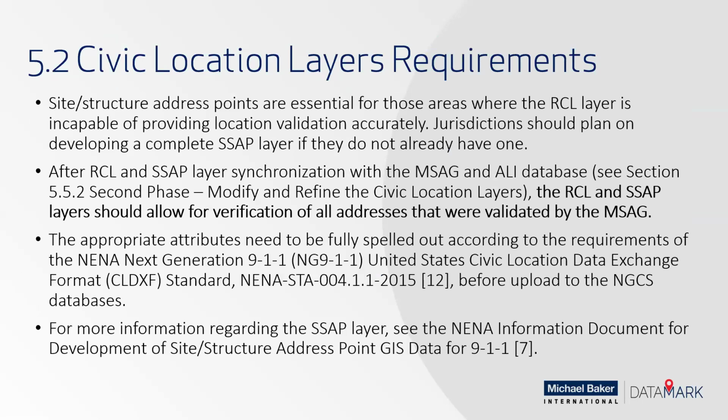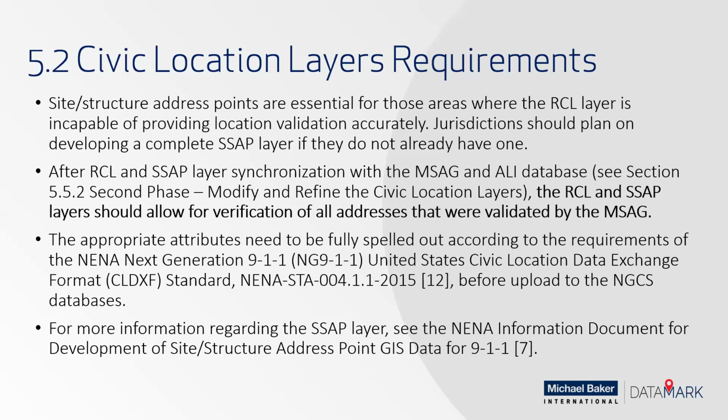Site structure address points are essential for those areas where the RCL layer is incapable of providing location validation accurately. In fact, I would even state that because the site structure address point is by its nature more precise than a road centerline layer, the relationship is kind of flipped there.